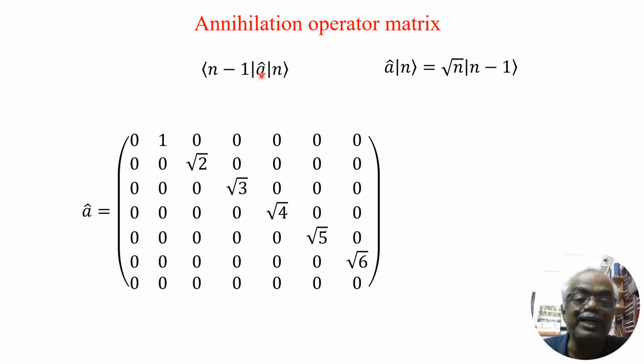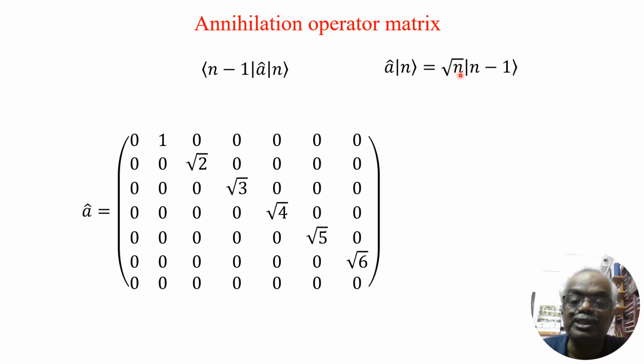However, here n cannot be 0, because n equal to 0 would mean this is minus 1. Not only that, when A acts on ket n, you will get the expansion coefficient square root of n, which I have already explained, multiplied by ket n minus 1.